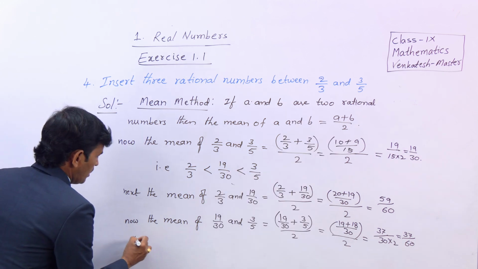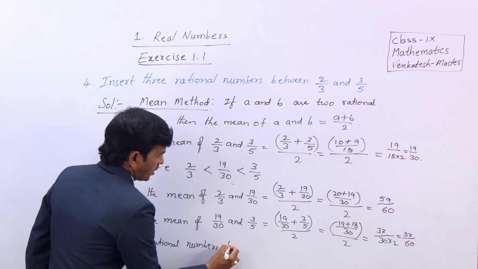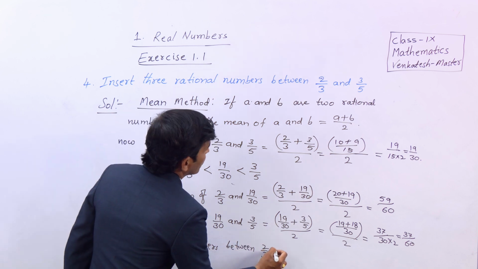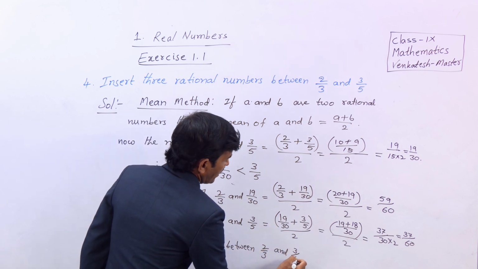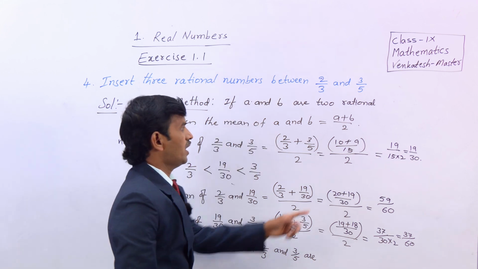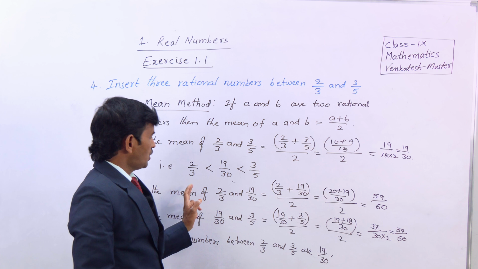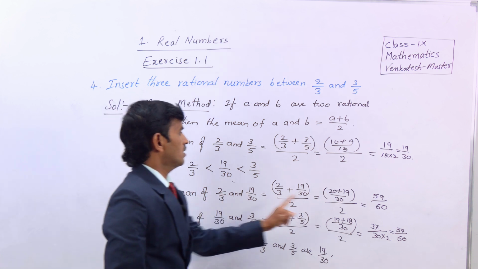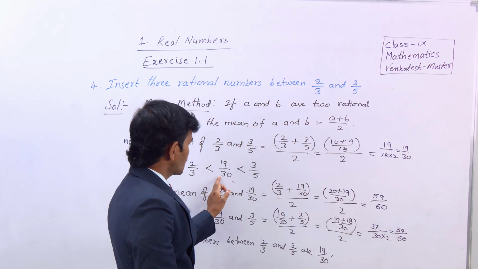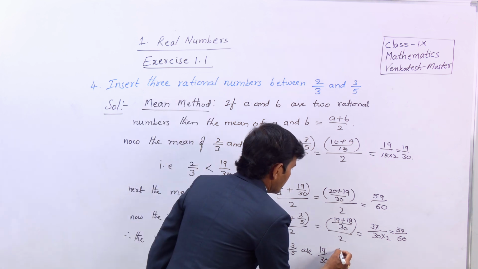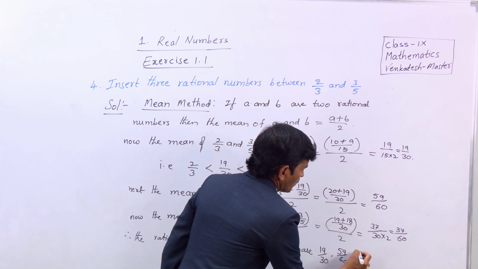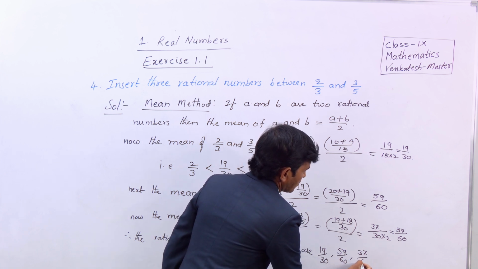Therefore, what are the 3 rational numbers between 2 by 3 and 3 by 5? First one is 19 by 30. Next, between these 2 we considered, what is it? 59 by 60. Next one is 37 by 60.